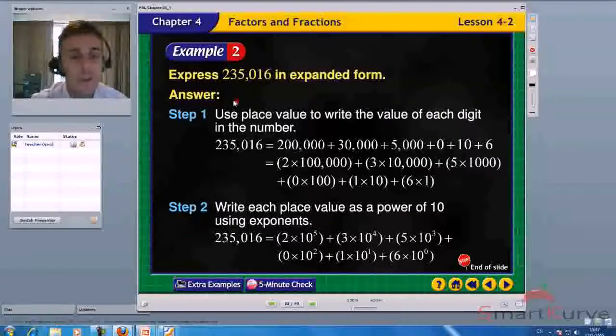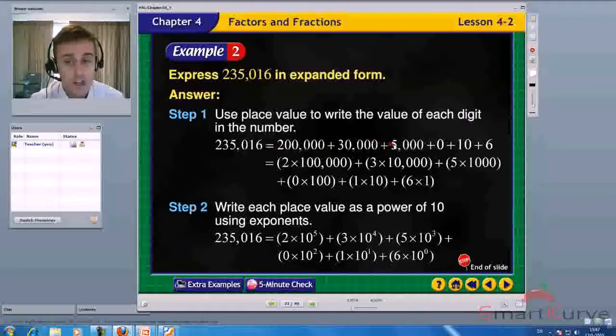Write 235,016 in expanded form. Step 1, use place value to write the value of each digit in the number. 235,016 is 200,000 plus 30,000 plus 5,000 plus 0 plus 10 plus 6.